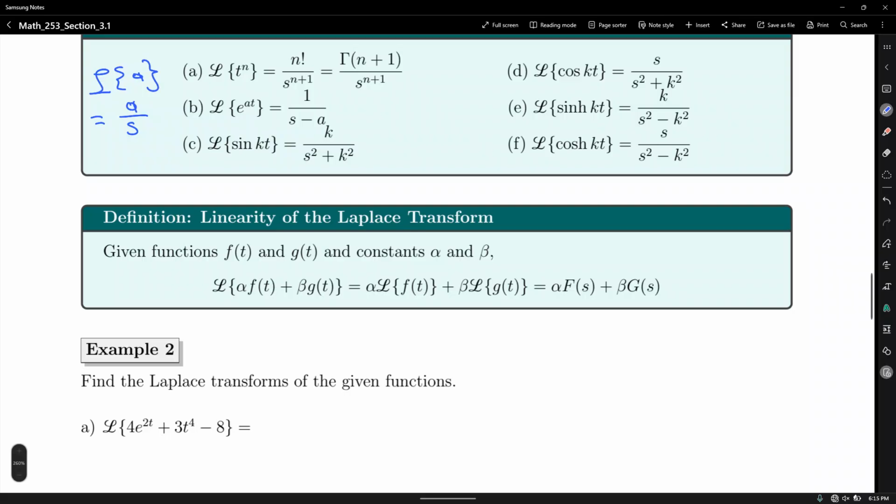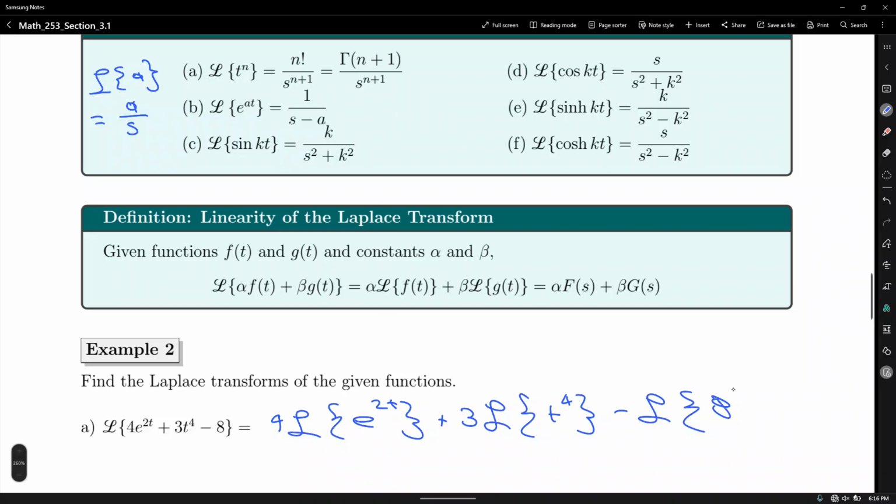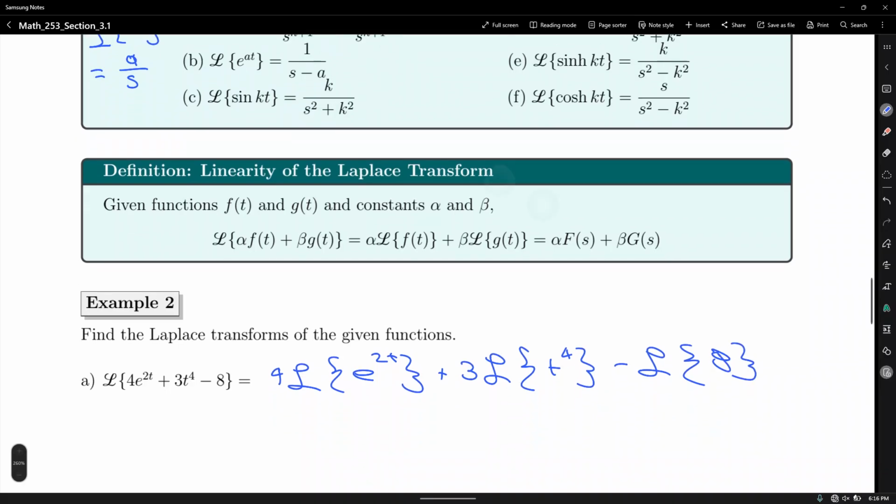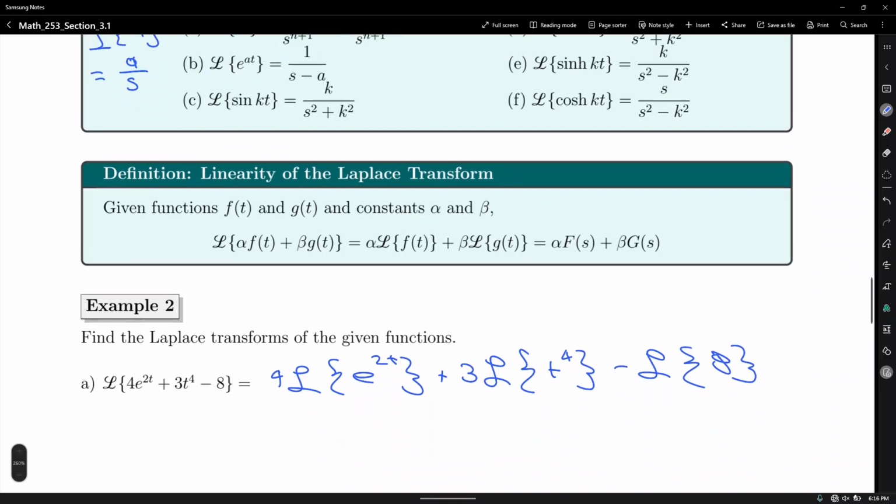All right, so what does that mean? This is 4 times the Laplace transform of e to the 2t plus 3 times the Laplace transform of t to the fourth power minus the Laplace transform of 8. And just using the formulas, all we do is 4 times 1 over s minus a.